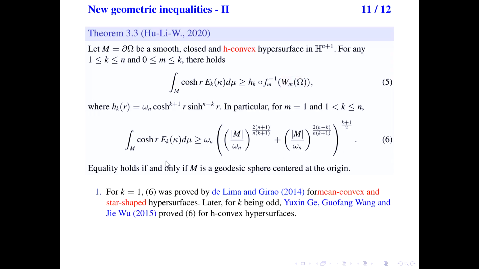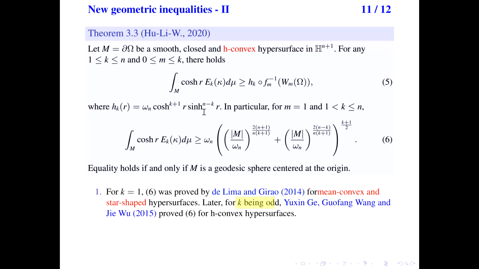For k equal to 1, this inequality was proved by Dillen and Ni-Ge in 2014 for mean convex and star-shaped hypersurfaces. And later for odd k, Wang and Wu proved this inequality 6 for h-convex hypersurfaces. And now here we proved this inequality 6 for all k. And moreover, we can prove the inequality 5 for all m smaller than k.